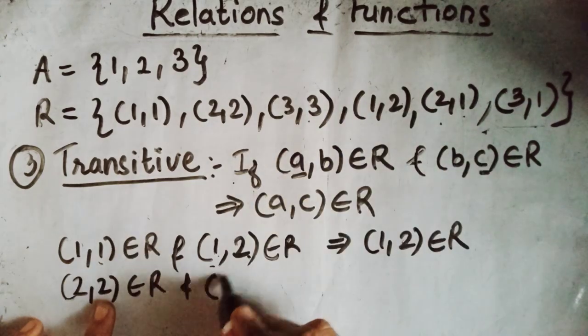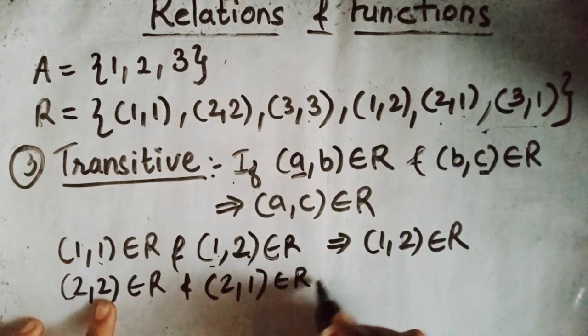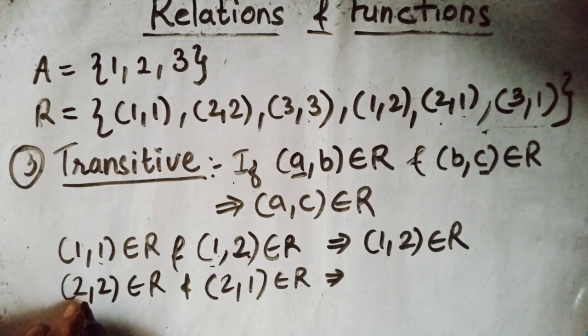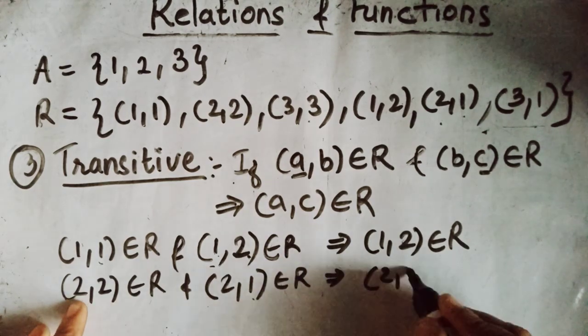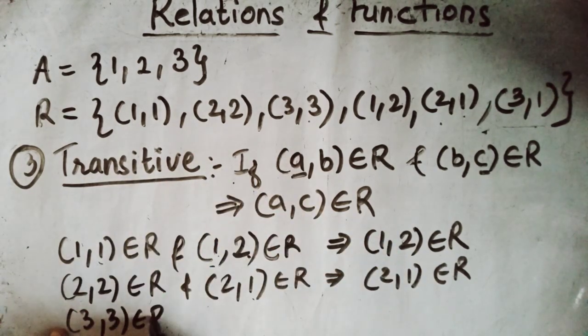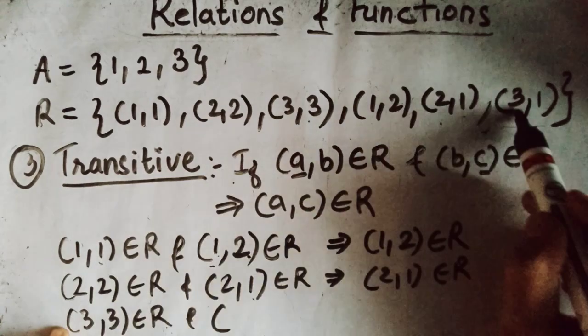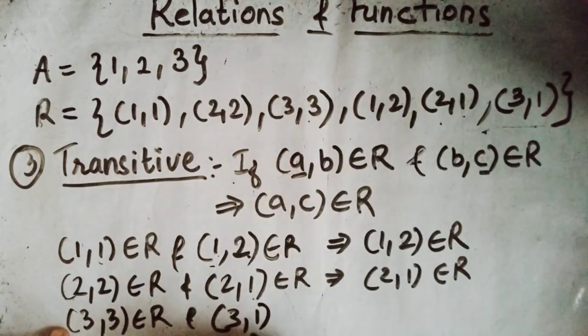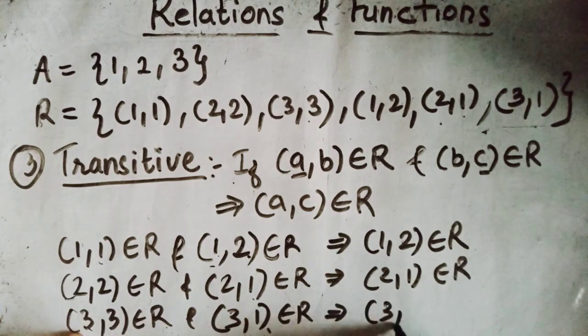So (2,1) is there, and the transitive element will be (2,1). So it is present in R. Now take (3,3). We have (3,1) present here. So this is (3,1), and it is present in R.